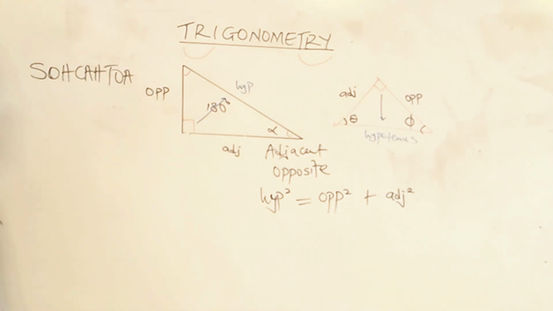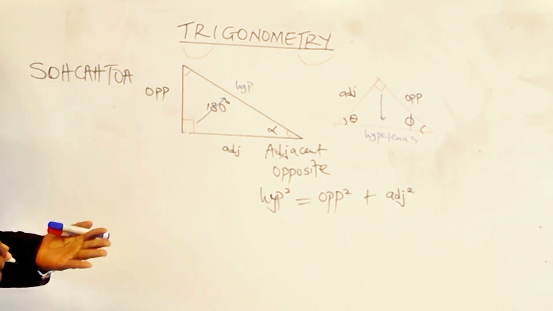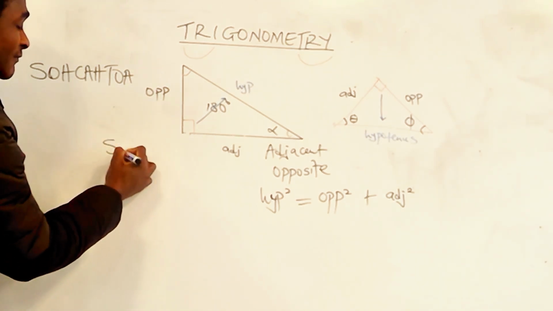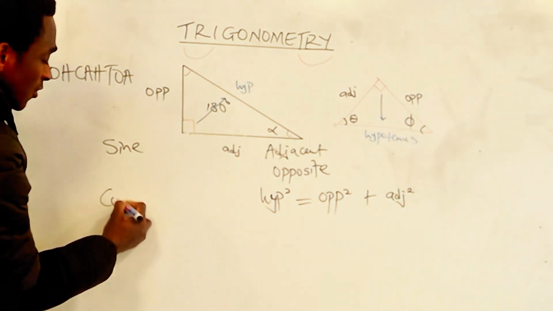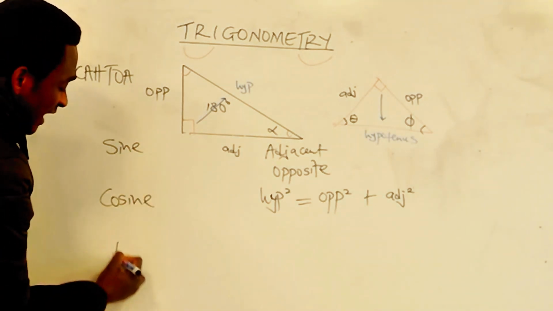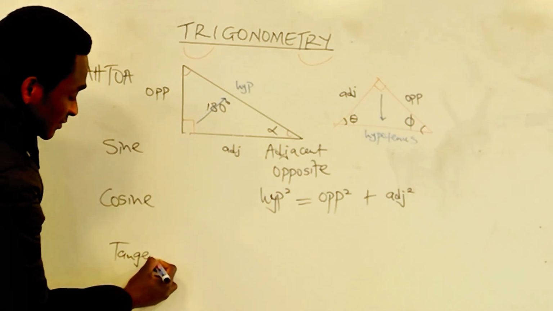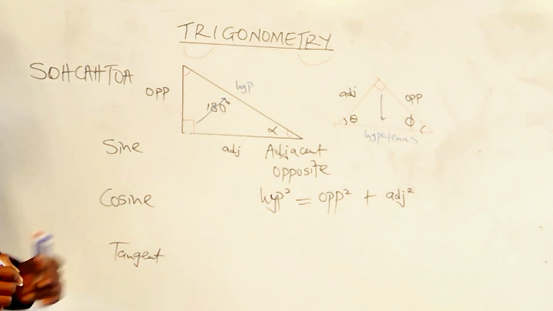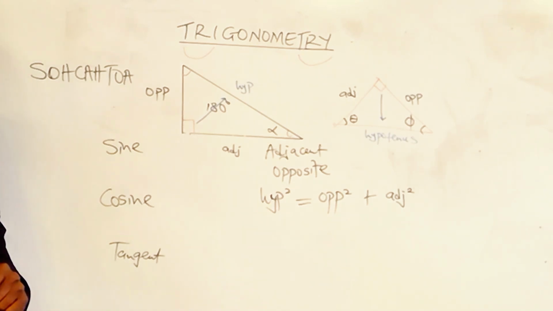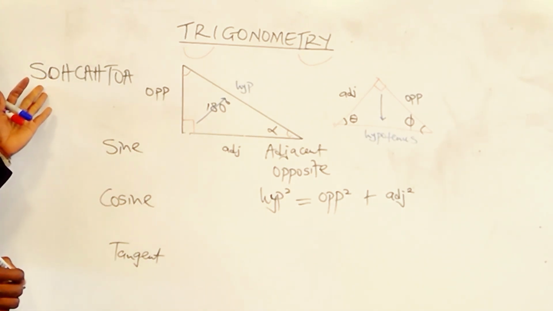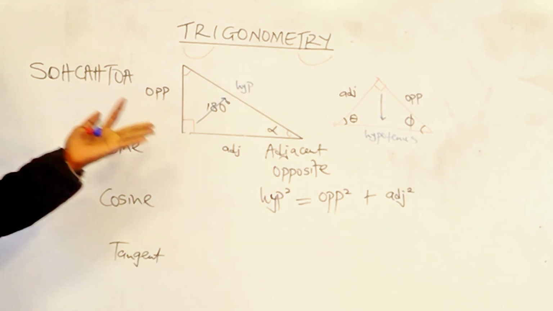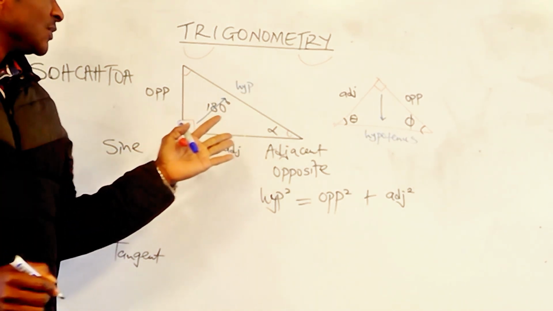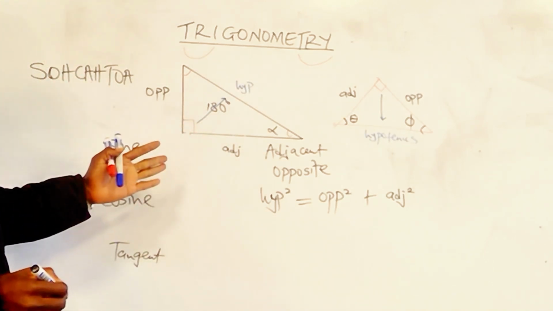SOHCAHTOA means that we have 3 trigonometric identities, which are sine, cosine, and tangent. With these three identities, using SOHCAHTOA, we can solve problems involving right-angled triangles.